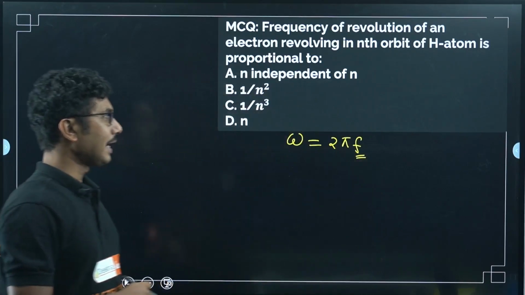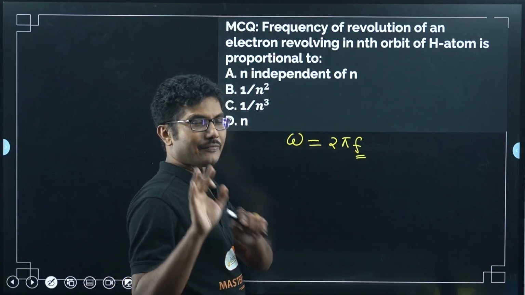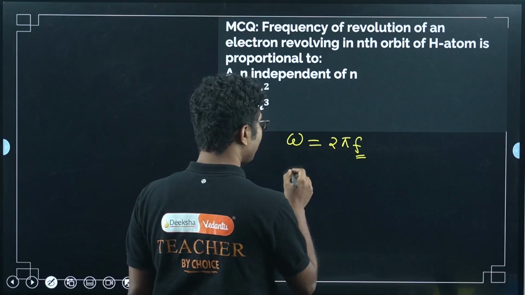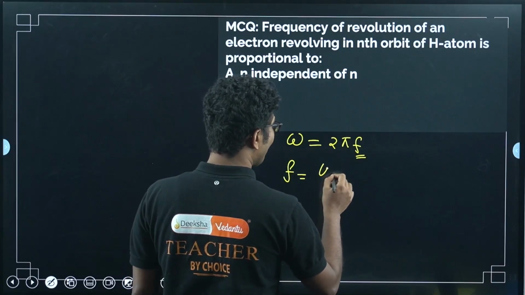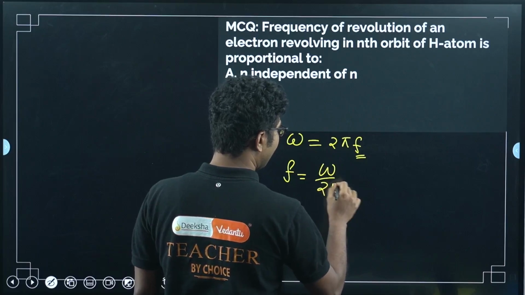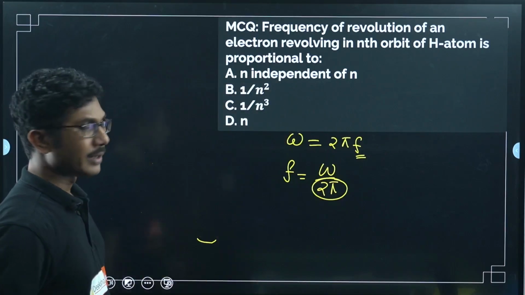If you remember the AC chapter, all things are related. So frequency is nothing but omega by 2 pi. Even though we don't need the 2 pi term, we can just use omega itself here.